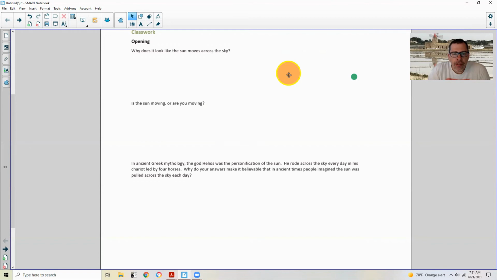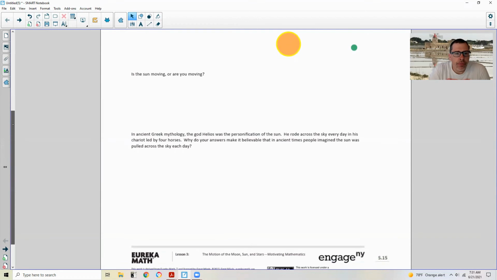So in essence, the sun is moving, but with respect to our solar system, the sun is standing still in the center. And since it has the largest mass of our solar system, it is the center of the solar system, and everything is attracted to it because of its gravitational pull.